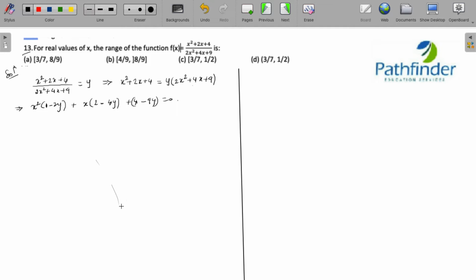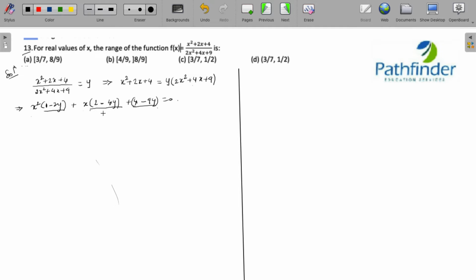And if the values of x are real, it means the discriminant of this quadratic equation, x square into (1 minus 2y) plus x into (2 minus 4y) plus (4 minus 9y) equal to 0, b square minus 4ac must be greater than or equal to 0, because x has real values. Now understand one thing.